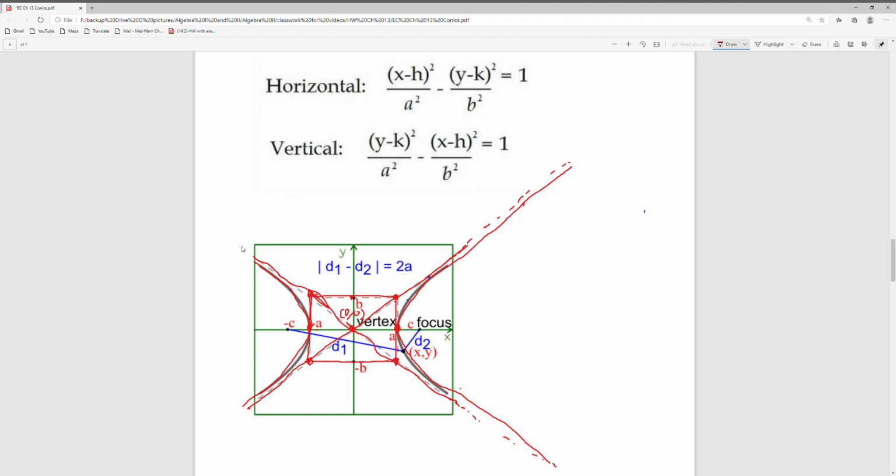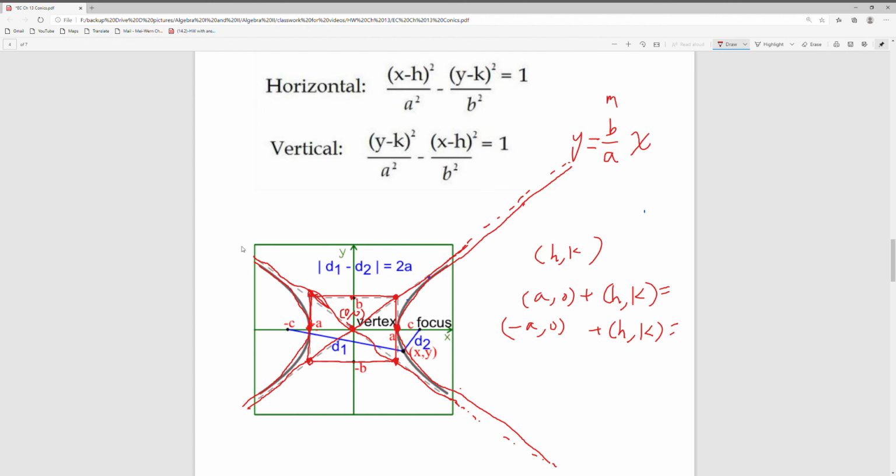How about if our center is HK? If our center is HK, then this is A, 0 plus HK, and here negative A, 0 also plus HK. And the asymptote y equals B over A x, right?